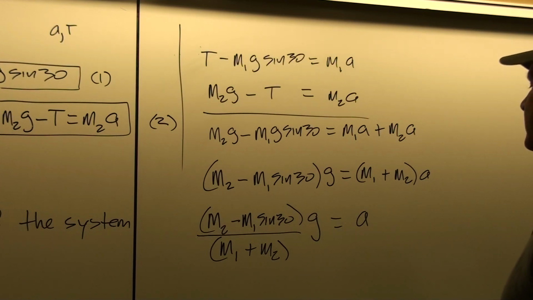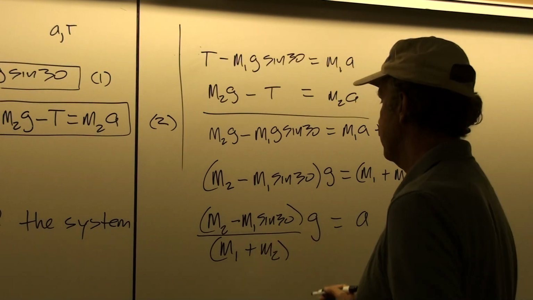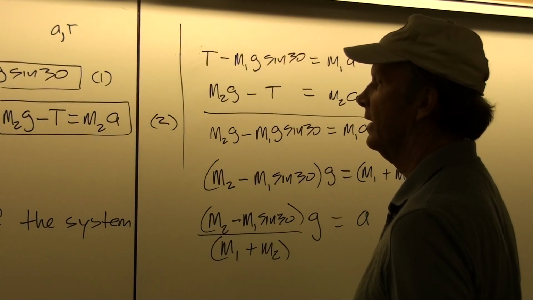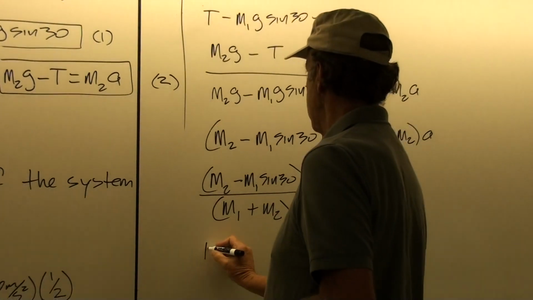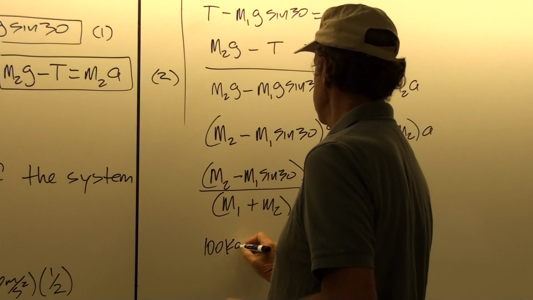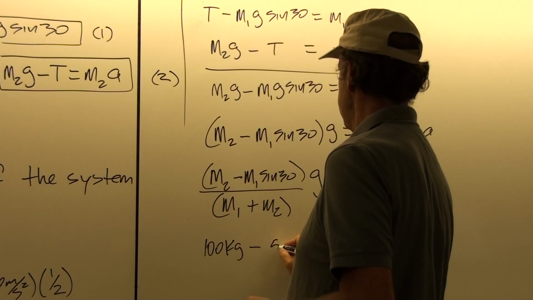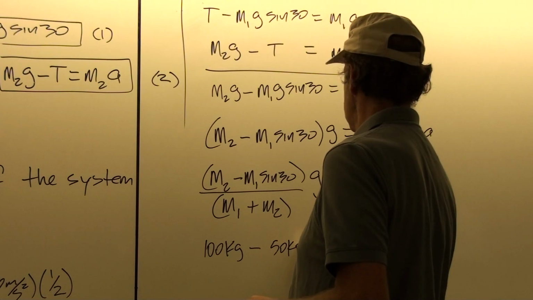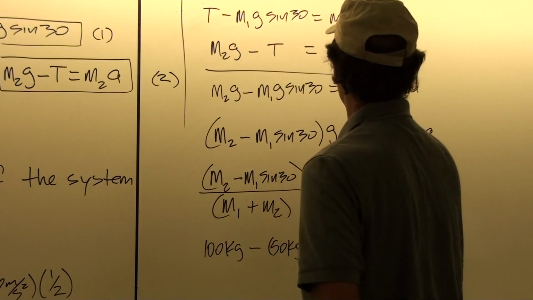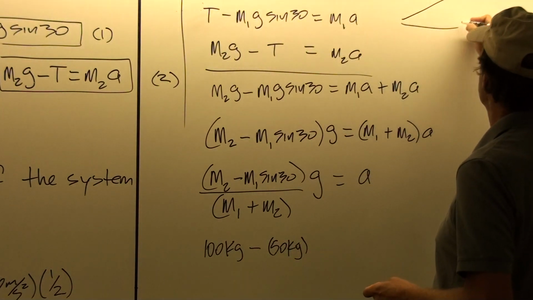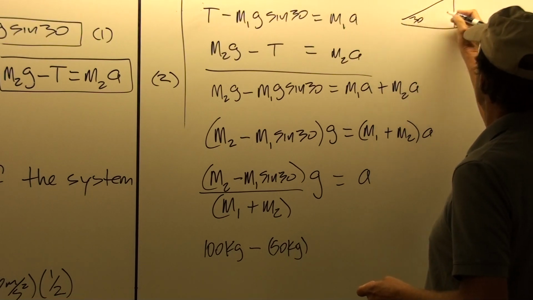And so now we can plug in numbers if we want to get a numerical result here. Might as well do that. We've gone this far. So we've got 100 kilograms minus 50 kilograms times, remember that the sine of 30 is 1/2. We use that one a lot in these examples.